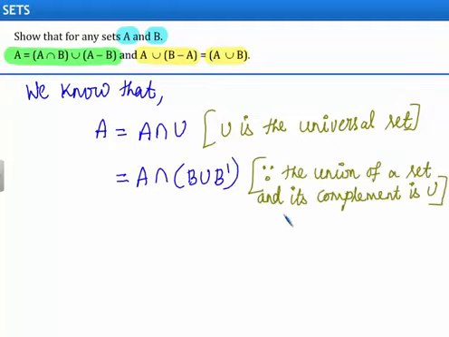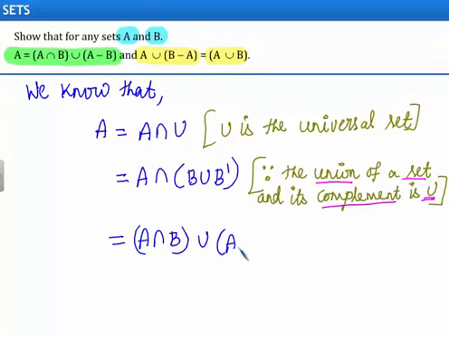The reason is the union of a set and its complement is the universal set. This will be equal to A intersection B union A intersection B complement. Here we are using distributive law.